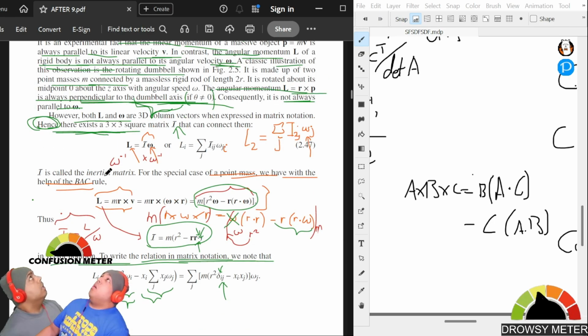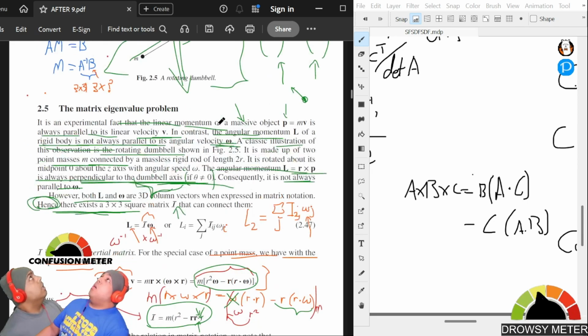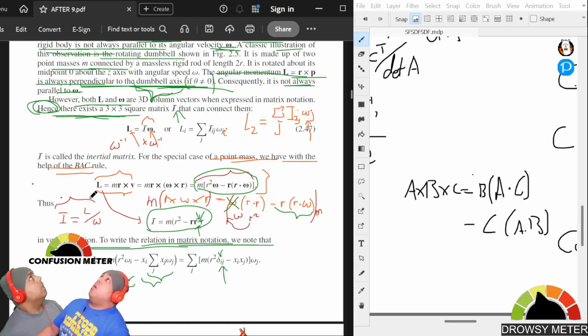Okay. What is the problem? The angular momentum is not always parallel to the angular velocity. I guess that's the problem.